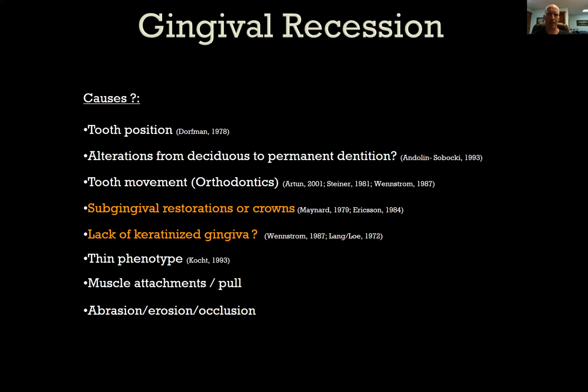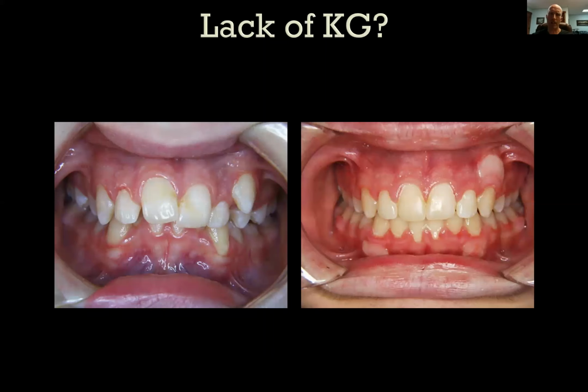Lack of keratinized gingiva. So is merely the lack of keratinized gingiva an indication for gingival grafting? This set of images here has taught me a lot about that and how to answer that question. If you look on the left-hand side, we have a canine that has erupted and is going to be moved orthodontically into position.